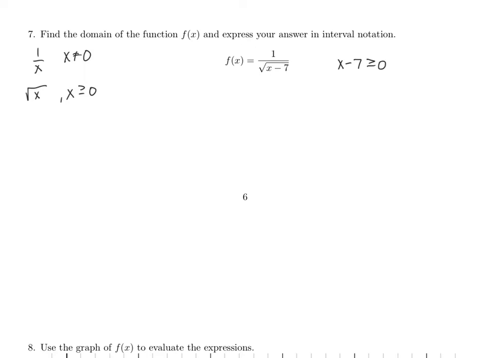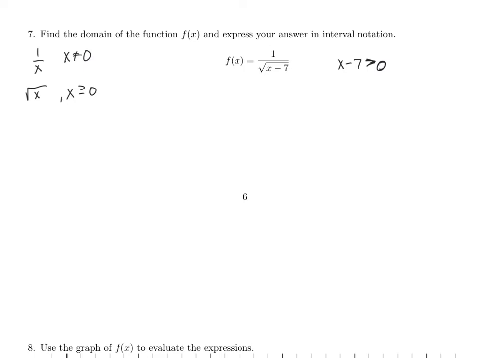Okay, but the x minus 7 is in the denominator, which means it can't be 0. So now instead of having greater than or equal to 0, we're actually going to just say it has to be greater than 0. Okay, so it has to be greater than 0. And that will take care of the fact that it's in the denominator because there's not an equal to sign under it.